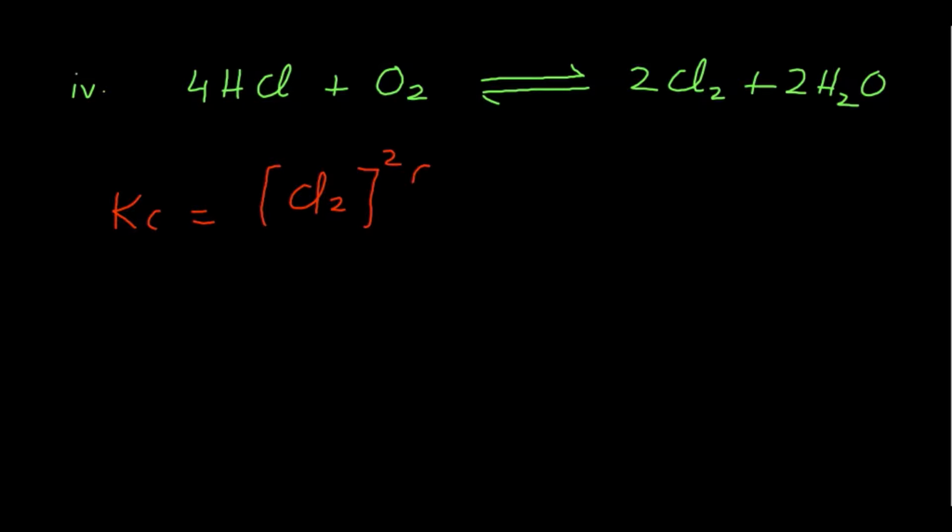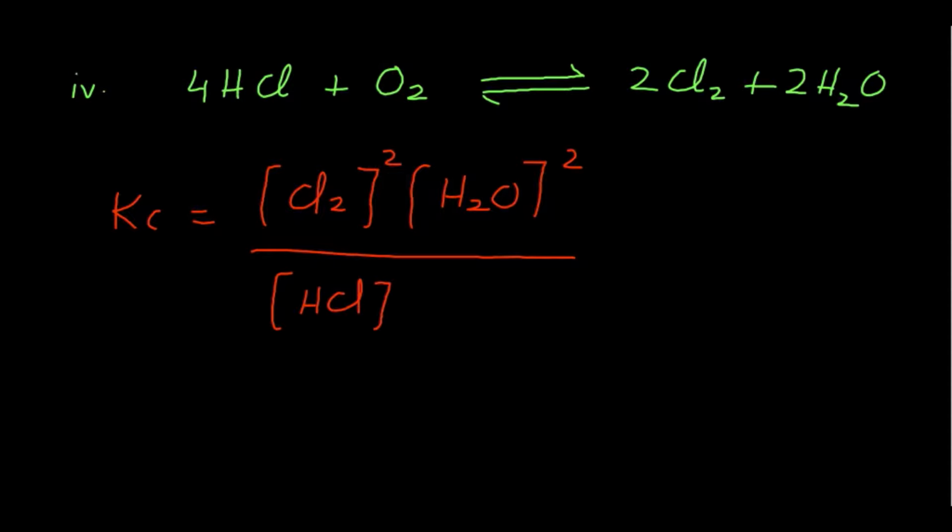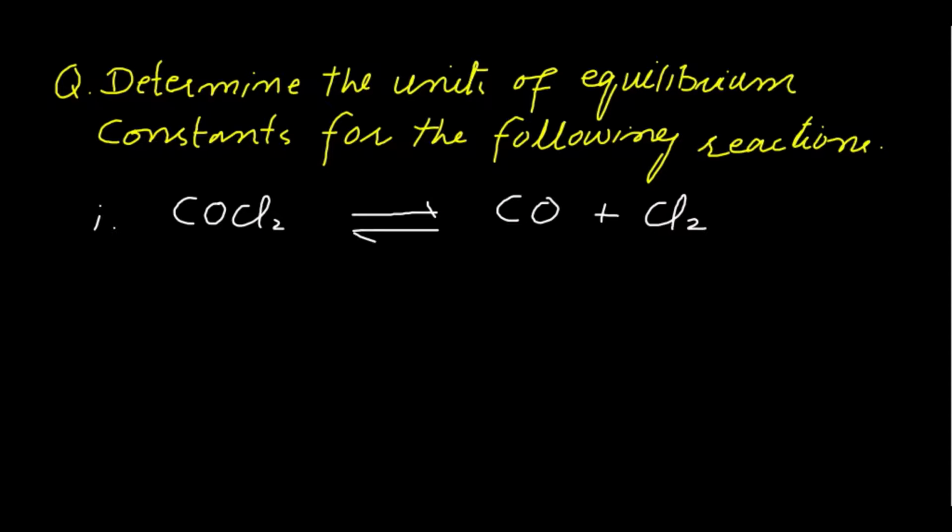So 2 should be written in the form of a power. 2 moles of water, so 2 in the form of exponent or power. How many moles of HCl are given? 4. So 4 changes to a power, and we have 1 mole of oxygen. So this is the value of Kc for this reaction. I hope this value is clear to you students.